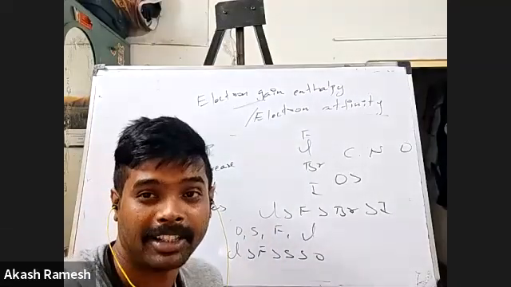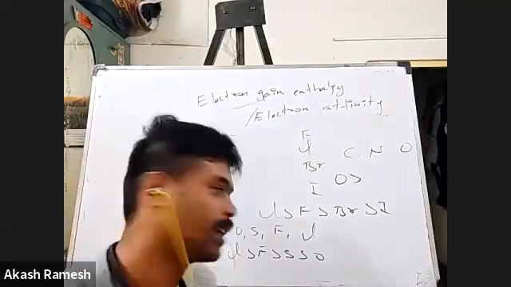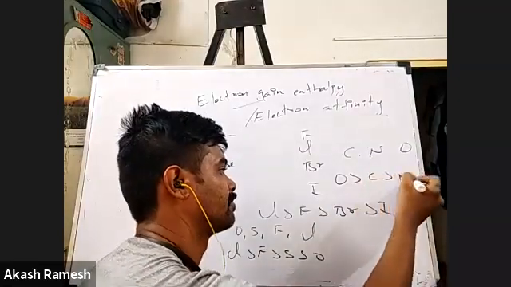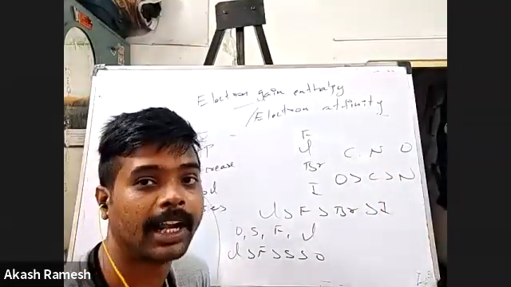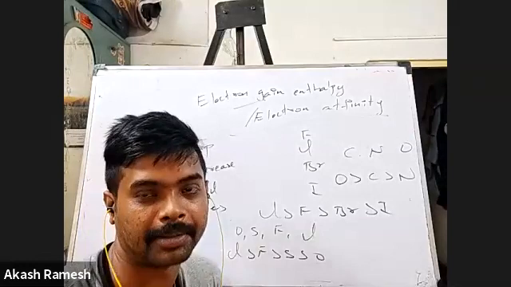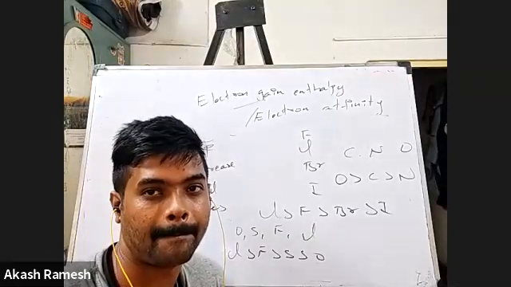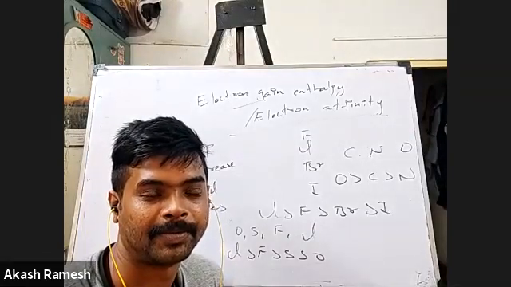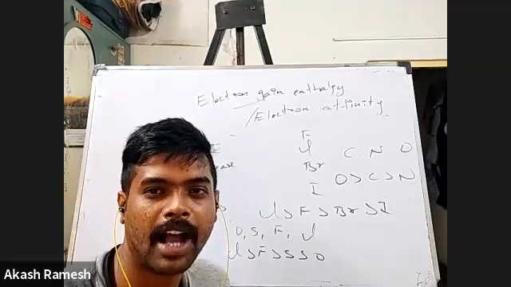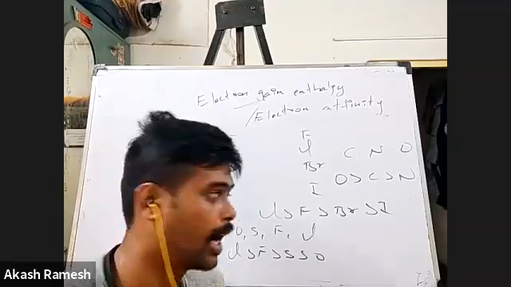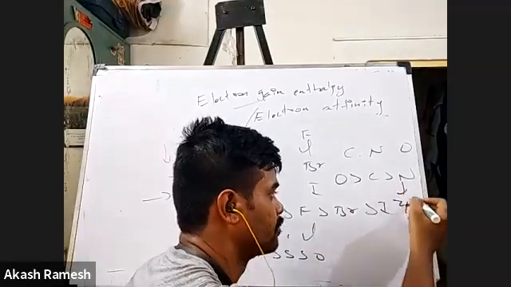Okay, carbon and nitrogen. Tell me the reason, why does it happen like this? Actually, the answer is this. Nitrogen comes after carbon. Why? Nitrogen has half-filled stability. Yeah, that's the reason. In nitrogen I have 2p3.